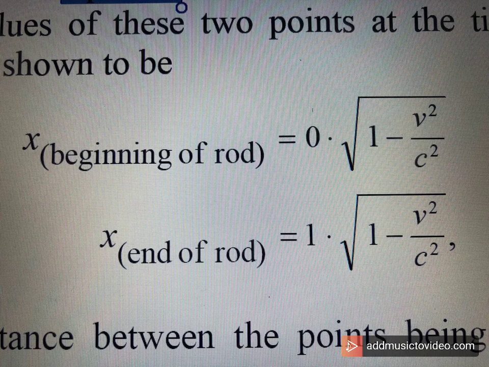The rigid rod is thus shorter when in motion than when at rest, and the more quickly it is moving, the shorter is the rod.